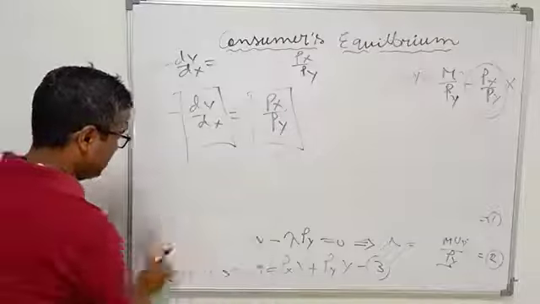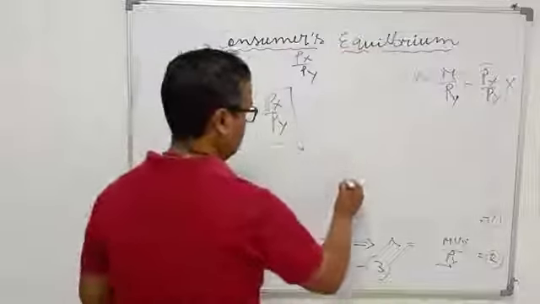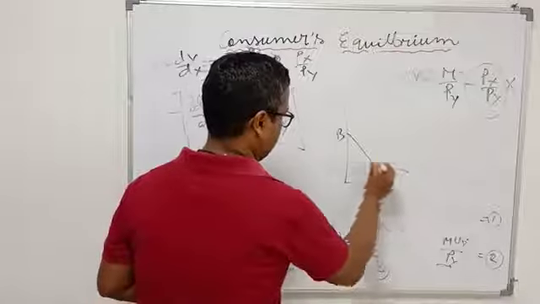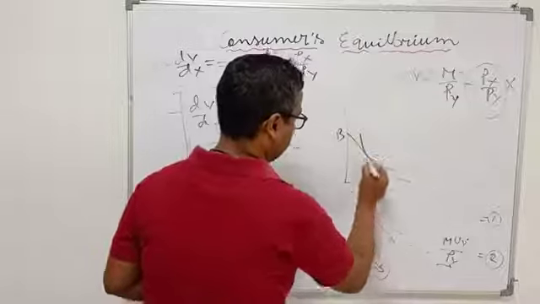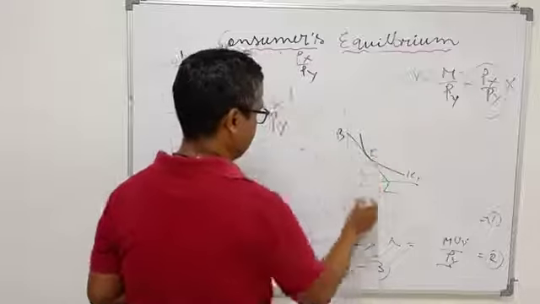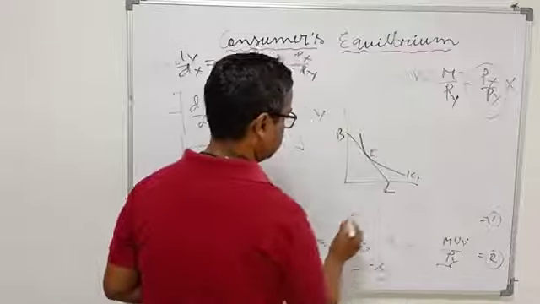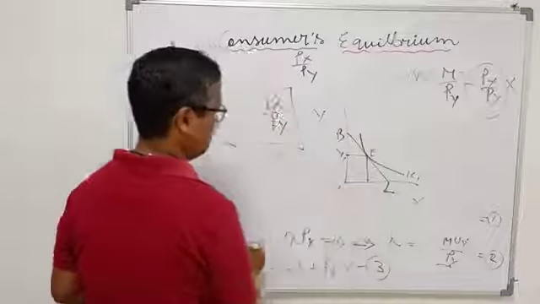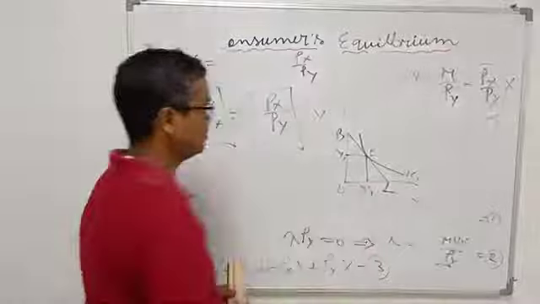Mathematically we have derived it. Graphically, this is the budget line BL, and here is the indifference curve. We are measuring good y and good x. The consumer is purchasing OY1 of good y and OX1 of good x.